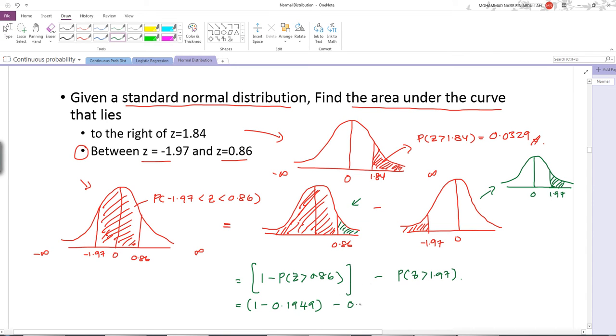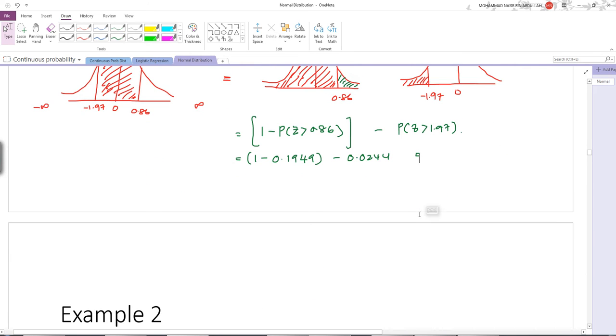So it becomes 0.8051 minus 0.0244, which is equal to 0.7807.